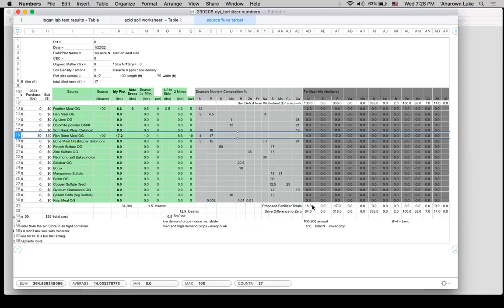And so far I have 16 pounds of nitrogen, but I have a deficit of 84 because I need to get that up to 100 pounds. So what I typically would do is, this is going to have to be way more feather meal. If you're getting up to like 1,000 pounds per acre, but because I'm only doing like an eighth of an acre, I need 86 pounds, and that's like 2 bags of feather meal.